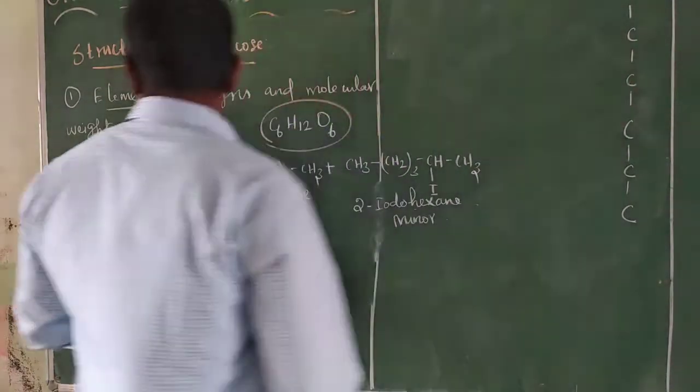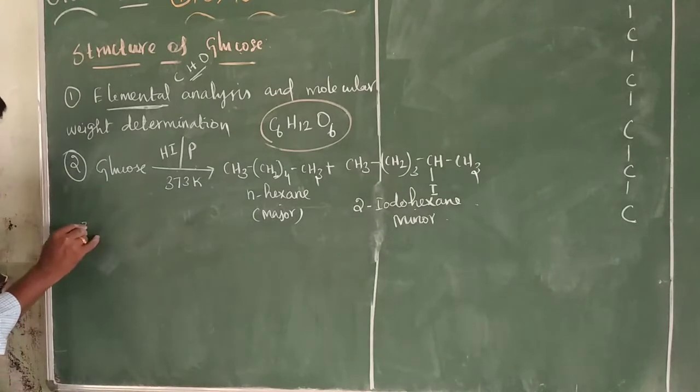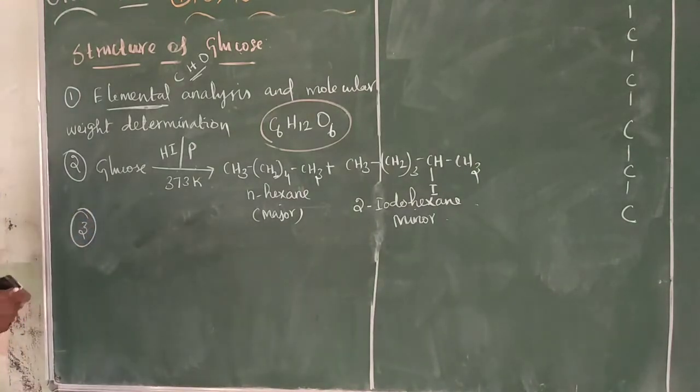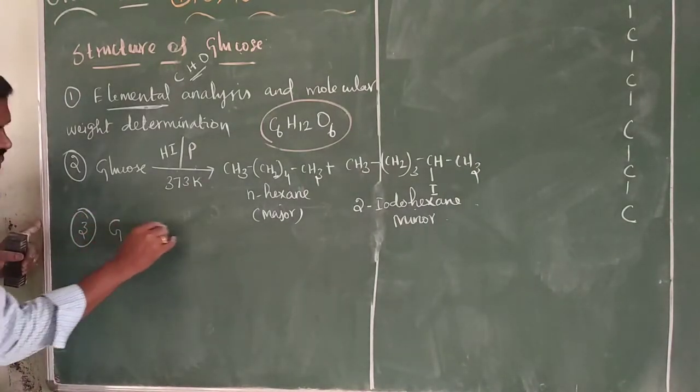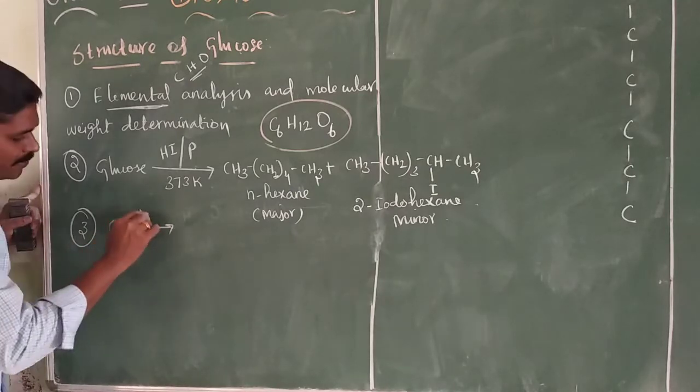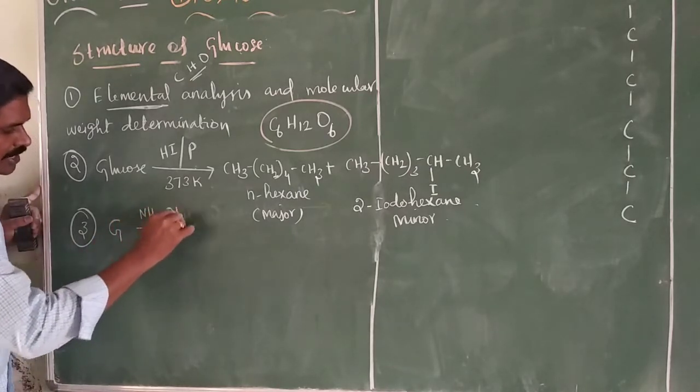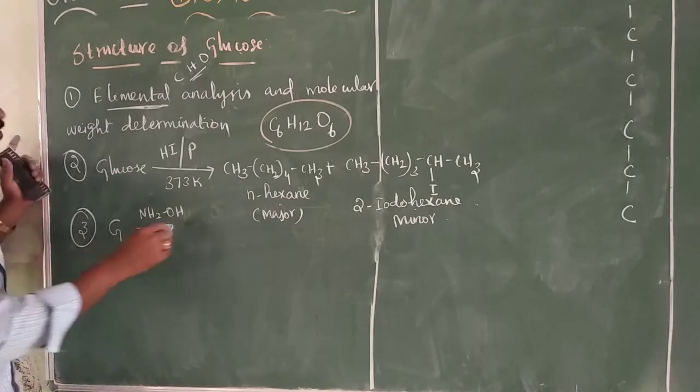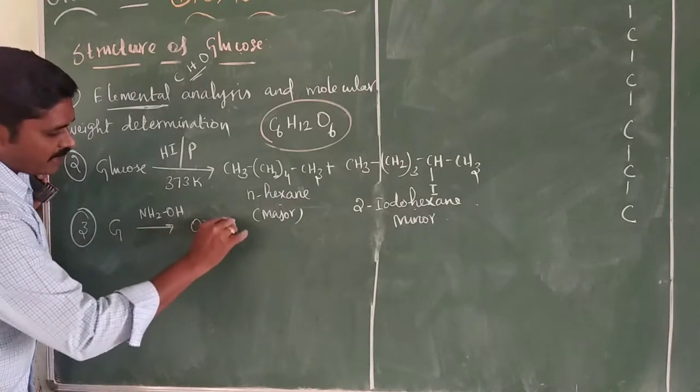Third one, glucose reacts with hydroxylamine to give an oxime type product.